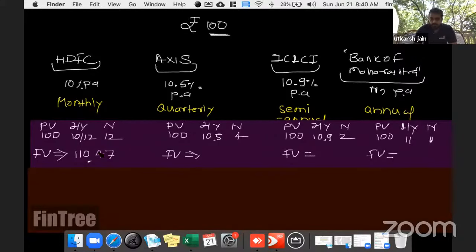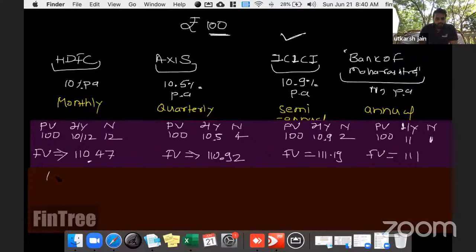This is 110.92. ICICI we did. What was the number for ICICI? 111.19. And Bank of Maharashtra obviously is going to be 111. Now you look at all of these amounts and which one is highest? ICICI. So it looks like that's the bank we're going for.